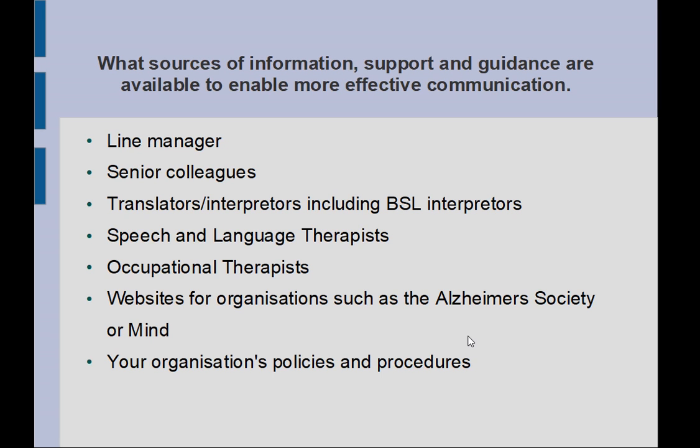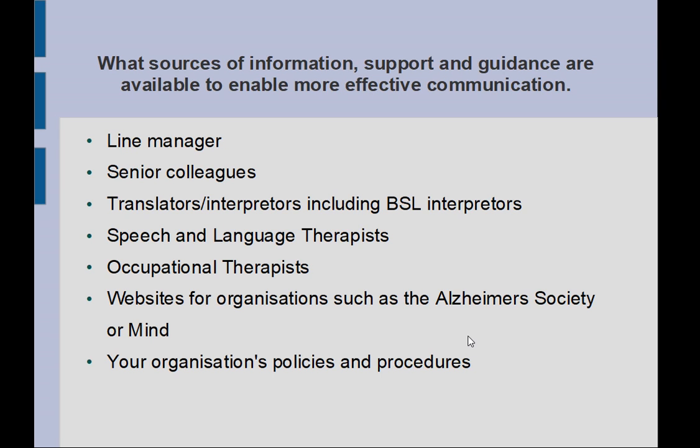Another question that is a writing question now is, what sources of information, support, and guidance are available to enable more effective communication? So for this, you need to identify where you can find sources of, make sure you're covering information, support, and guidance. For information, you could look up websites.